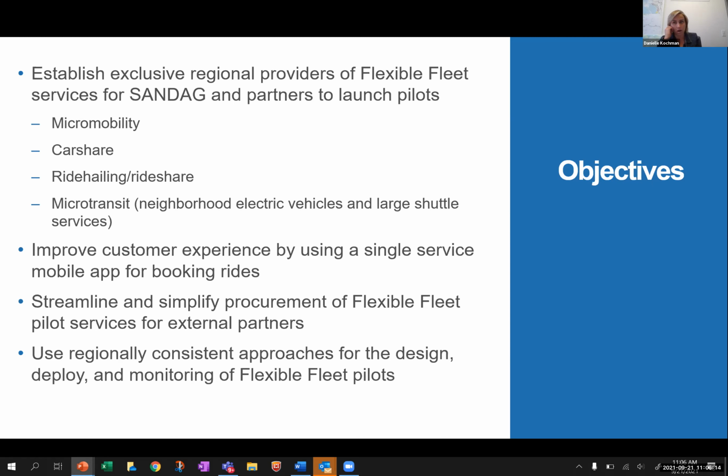We're looking at a 3-year contract with 2 1-year options because technology is moving quickly. So we don't want to tie ourselves into a long-term contract, but we see an opportunity to test some services, learn some lessons, and then probably go back out at the end of this contract and do it again and maybe select a different provider.